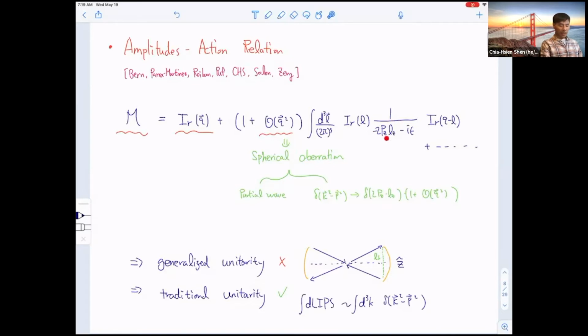In fact, when this propagator goes to 0 or diverges, the particles are actually not on shell, because it's not a full on-shell condition. But on the other hand, it makes it easier for us to extract the phase shifts, and therefore it makes the traditional unitarity more manifest. And of course, the motivation comes from the eikonal approximation. So that's the basis we use for our recent 4PM calculation.